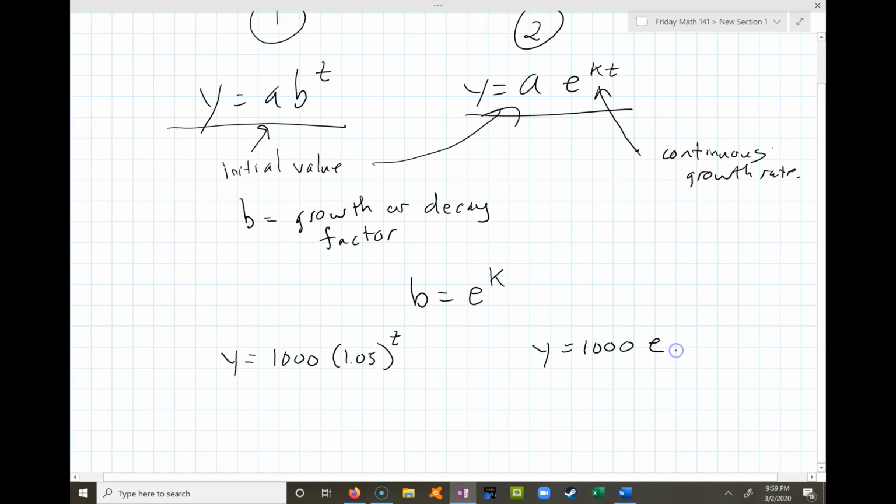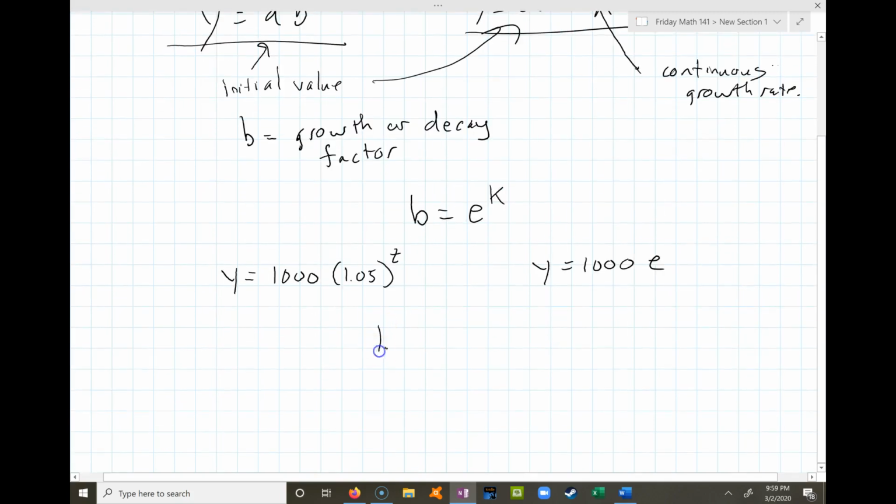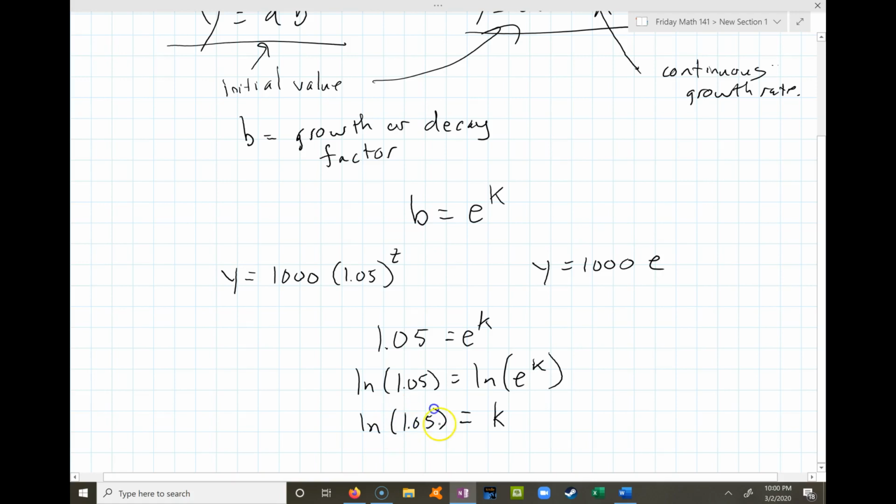and all I need is to figure out what k is. So I know that 1.05 is equal to e to the k, and then I solve for k. And of course, when I have an exponential in my equation, I solve using logarithms. So I take the natural log of both sides, and when I take the natural log of this side, the natural log and the e cancel each other out, and I'm left with just a k. So that means that k is equal to the natural log of 1.05.